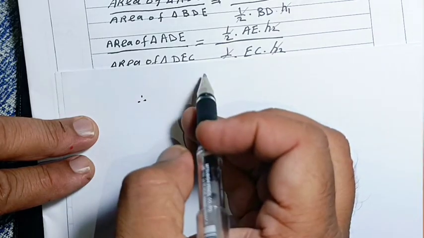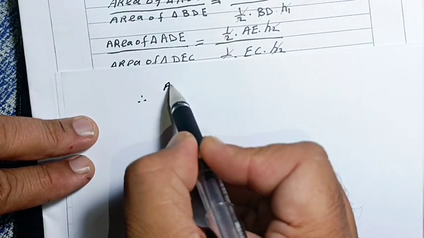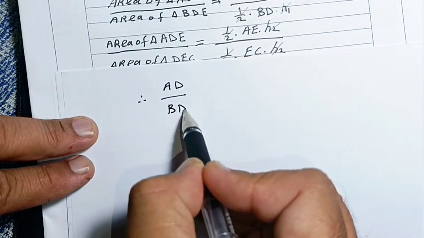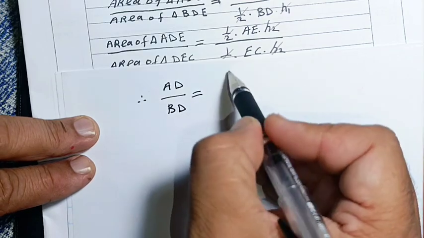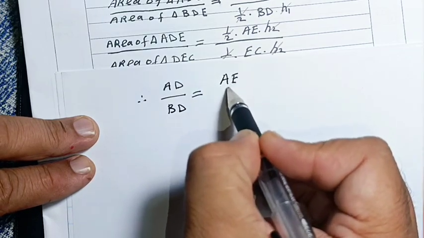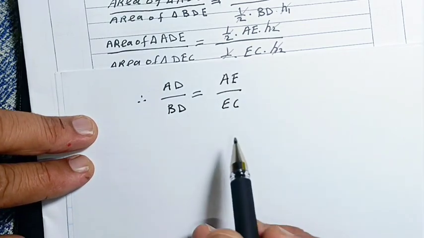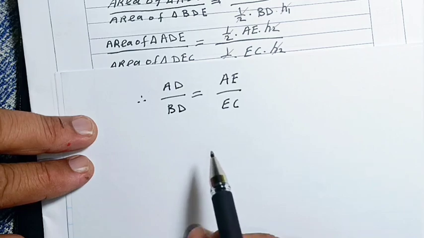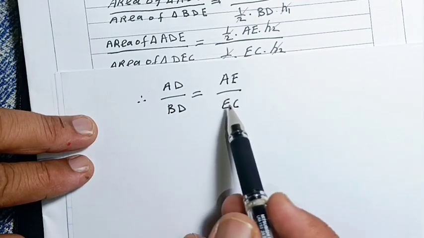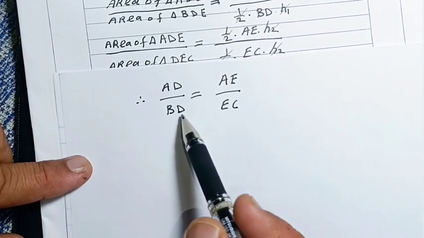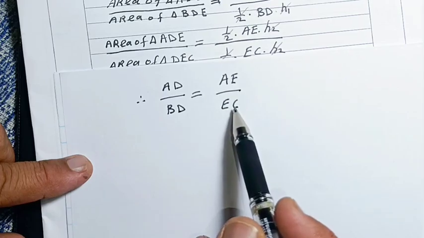Therefore, AD over BD is equal to AE over EC. We proved the above theorem. Right? AD over BD is equal to AE over EC.